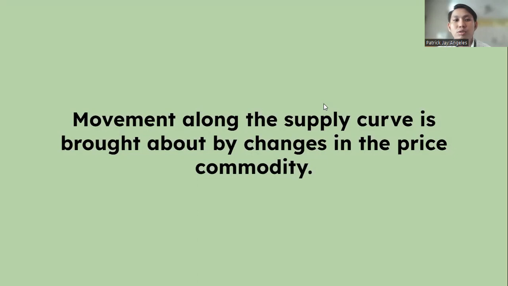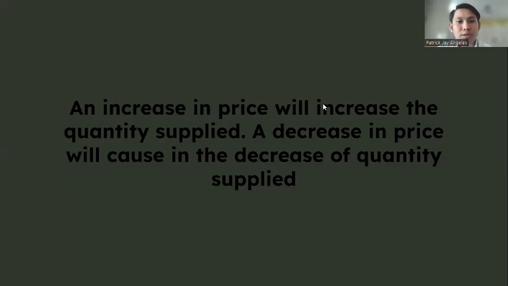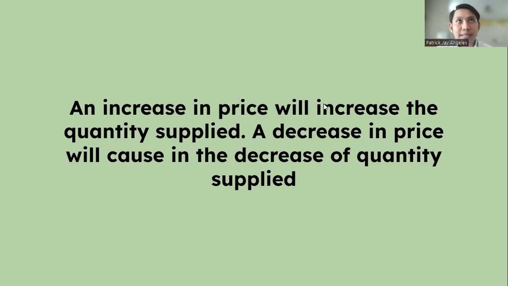The movement along the supply curve is brought about by changes in the price of the commodity. So there is a direct relationship between the price and the quantity supplied. If the price increases, the quantity supplied will also increase.